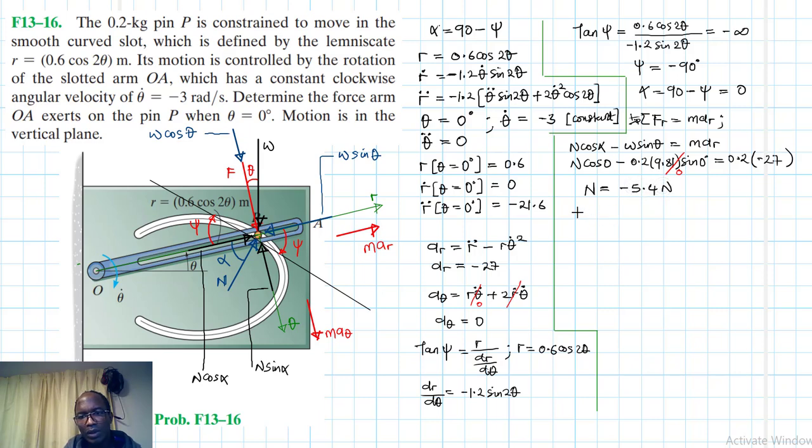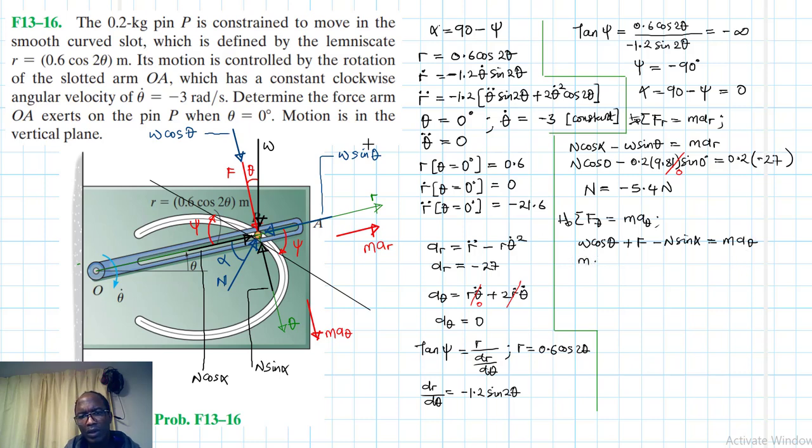Okay, so let's apply now the summation of forces in the theta direction, equal to m a theta, like so. So this is going down. What do we have? We have W cos theta plus F minus N sine alpha, and this is equal to m a theta.